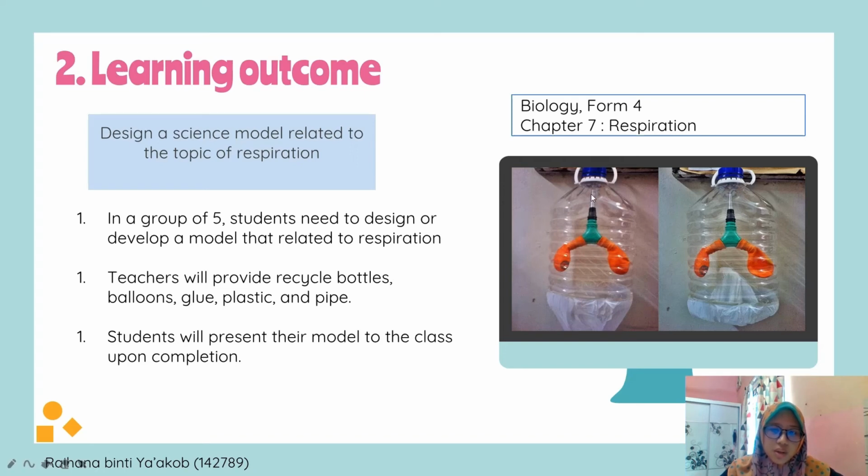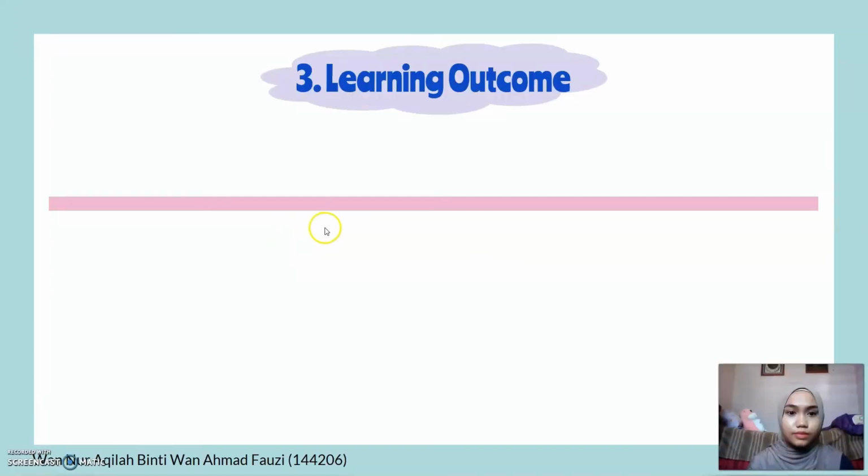The pipe shows the structure of our trachea, and the bottle shows the intercostal muscles. Thus, this type of model is important to show students so that they will clearly understand and see what they are learning.